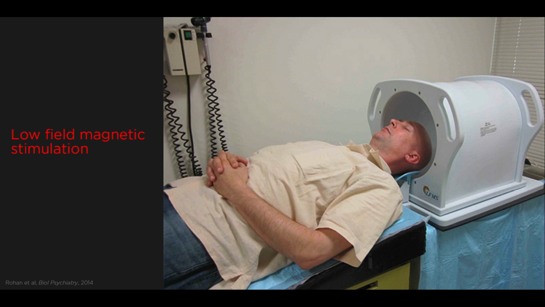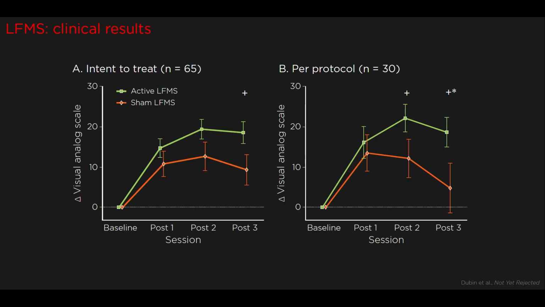Rohan thought that there must be something in the stimulation protocol, or the imaging protocol, that is causing a low intensity magnetic stimulation in these subjects, producing a clinical effect. And so he started to build this technology, using the MRI coil for low field magnetic stimulation.